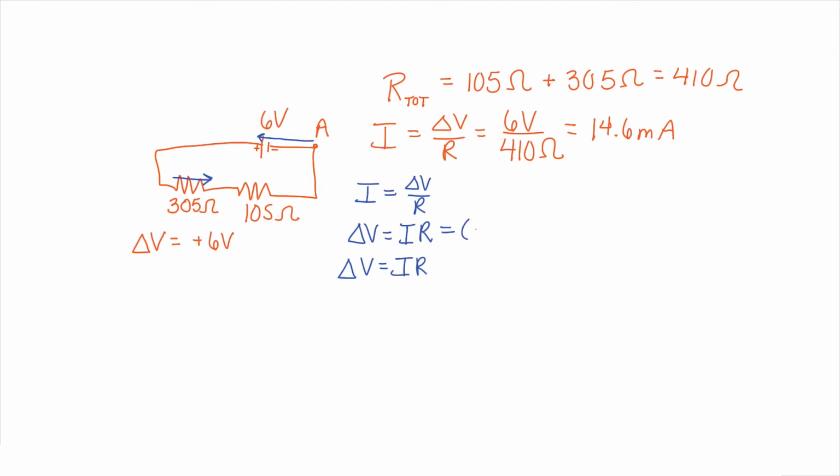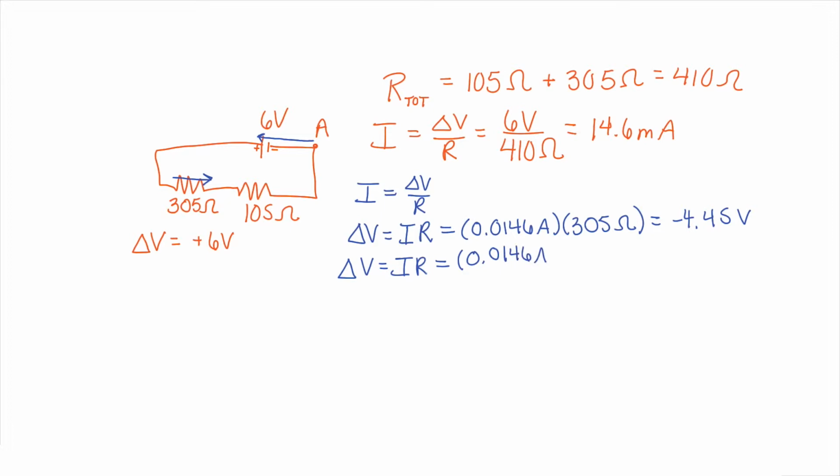So the current is 0.0146 amps multiplied by 305 ohms, and that gives us negative 4.45 volts. So we have a potential difference of negative 4.45 volts across the 305 ohm resistor. Now let's calculate the potential difference across the 105 ohm resistor.